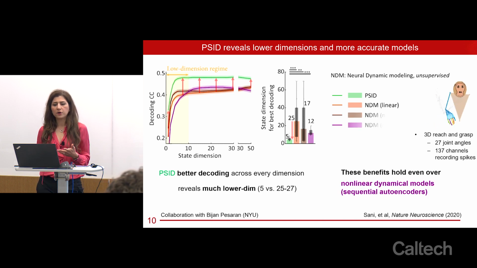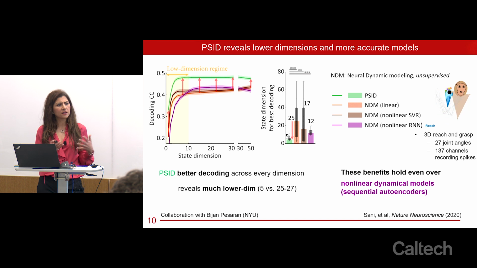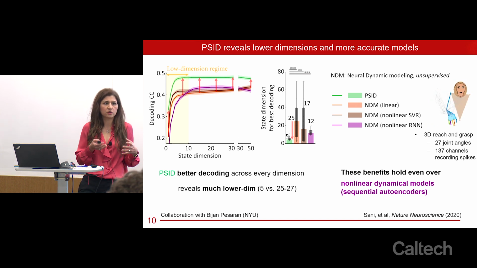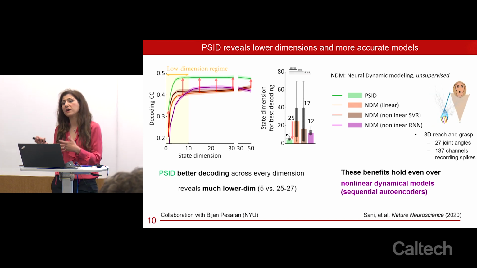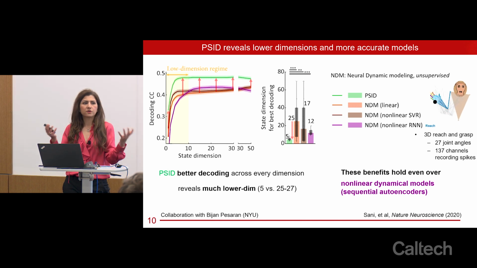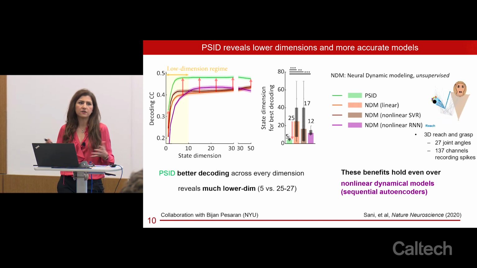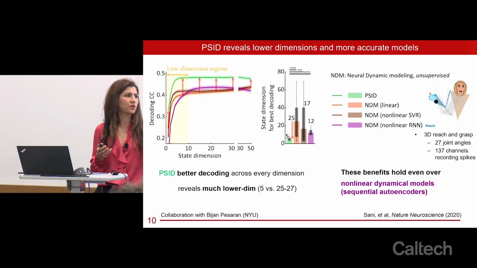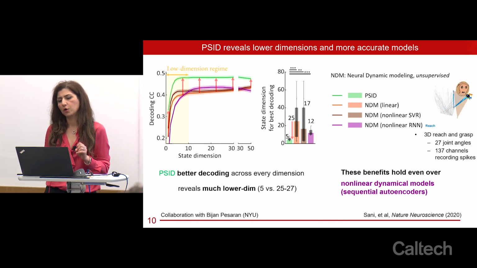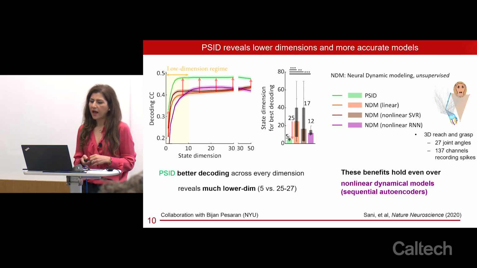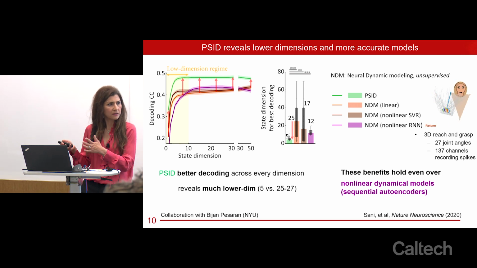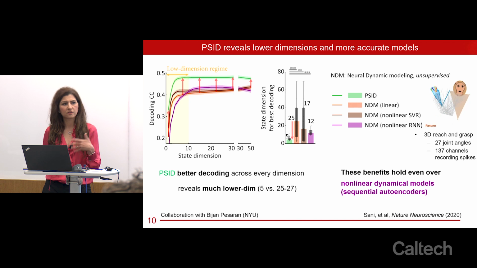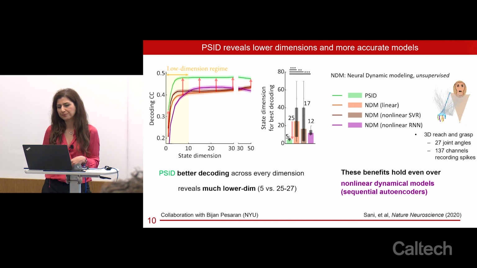And we also compared with unsupervised nonlinear neurodynamical models, such as sequential autoencoders, and the same benefits held. And the reason for this is, of course, this new capability for dissociating these green states so that you can first learn them more accurately, second, do so with much lower state dimensions. And I'll show you many more results in the methods lecture, and you'll get hands-on experience with PSID today.